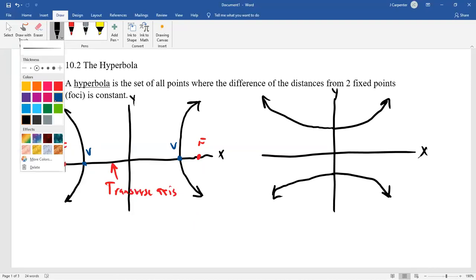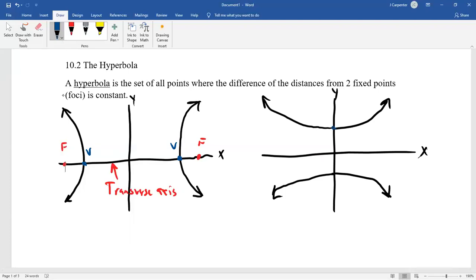So we have our same vertices at the tops and bottoms of these shapes. So those are our vertices. Our foci are inside of them, inside of the bowl, if you will. And then this time, the vertical axis is the transverse axis.